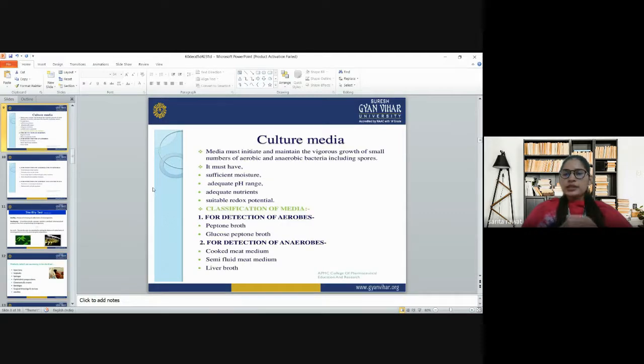Now, coming to the culture media, the media must initiate and maintain the growth of a small number of aerobic and anaerobic bacteria, including spores. It must have sufficient moisture, adequate pH, adequate nutrients, and suitable redox potential.